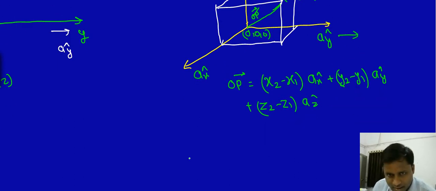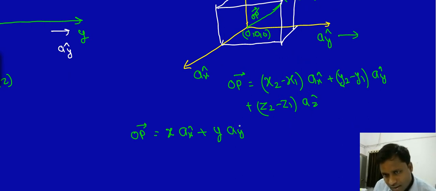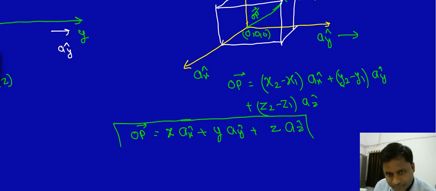So the OP vector is equal to x ax cap plus y ay cap plus z az cap. This is the OP vector, which has a direction from O to P and a magnitude.